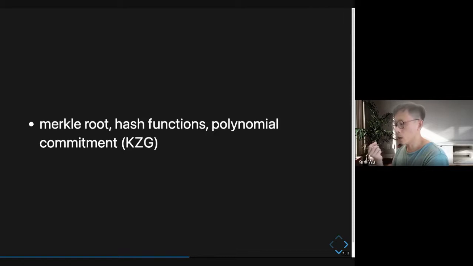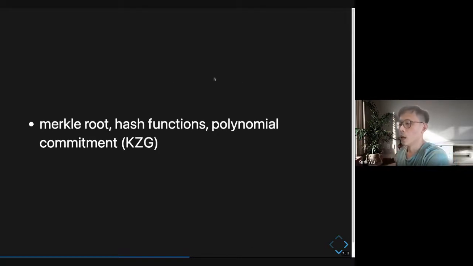So another way is to hash your answer and submit that to the contract. The hash of your answer is the commitment. You wait until time's up, and then you reveal your answer, and the contract can verify that the hash of your answer is the same as the commitment you submitted earlier. So that is a commitment.